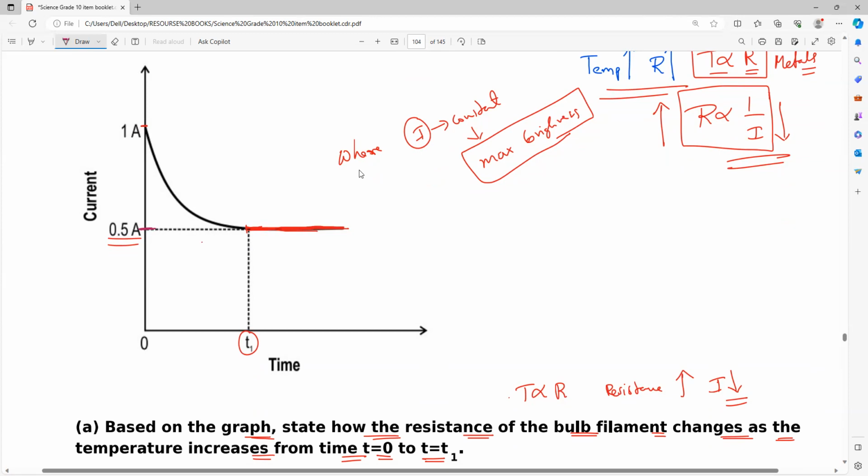They are asking the current when the bulb is glowing at full, maximum brightness. How much is it? 0.5 ampere. And what is the supplied voltage? 200 volts.